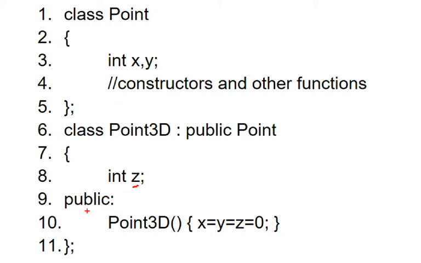In the 3D point class, if we see its constructor, we are assigning using x and y. Okay, this class does not have x and y, right? But since point is the base class and point has x and y, these x and y are basically available here. So this is not wrong, it should be working. And then it is using z, so everything is initialized to 0, so it should work. This is what you must be thinking.